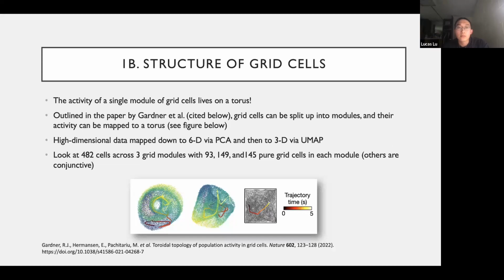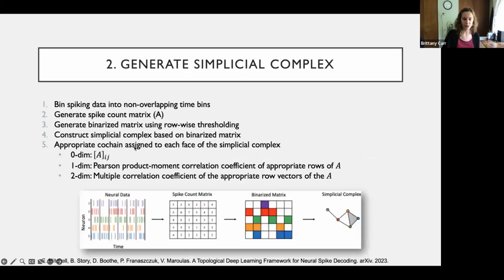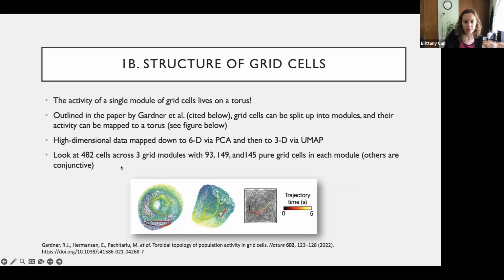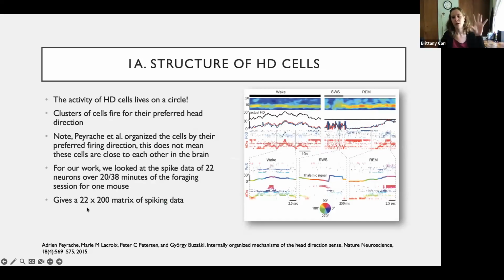Yes. Okay, awesome. So Gardner et al. used two different approaches, which is how I've been thinking about this. The first one says, okay, if I have my matrix, which is best talked about for head direction, I have this 22 by 200 dimensional matrix. What principal component analysis does is it looks at my data in space. If I have, for example, in 2 dimensions, an oval of data, then it's going to capture the vectors that best describe that data.